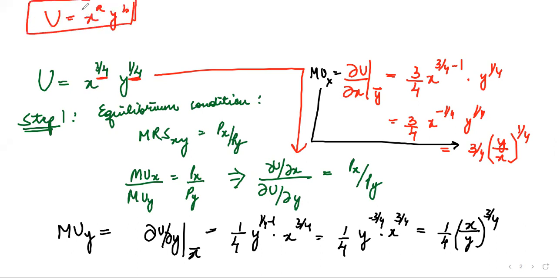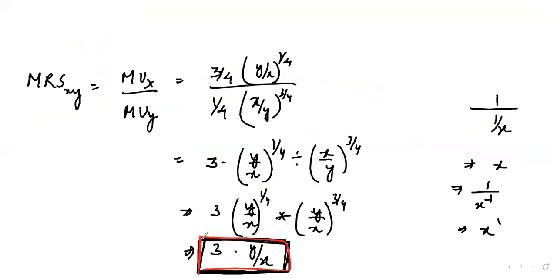I will derive MRS for this, and then you can just substitute a and b and get your MRS in any case. Don't worry. But for now, I have derived my MRS as MUX by MUY. Now at equilibrium, I know MRS is equal to PX by PY. So I know 3 by 4.